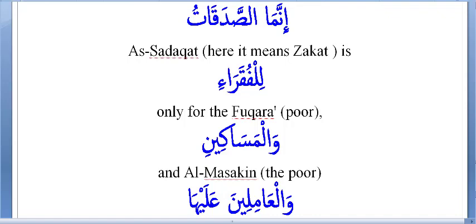He doesn't have food for the day. Miskin is someone who doesn't have much. He comes and prays with you, he washes his qamis. He earns something, but what he earns is not enough, and he doesn't beg from people. That's miskin. So you should know who is the miskin.